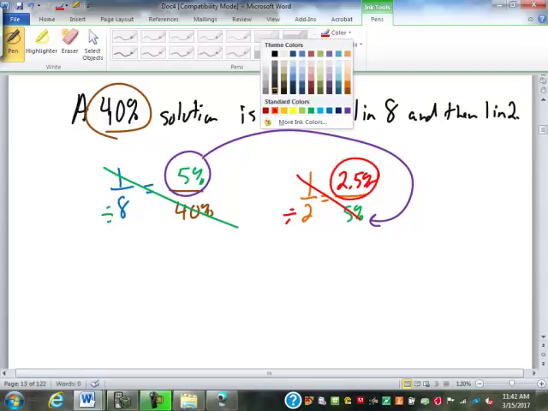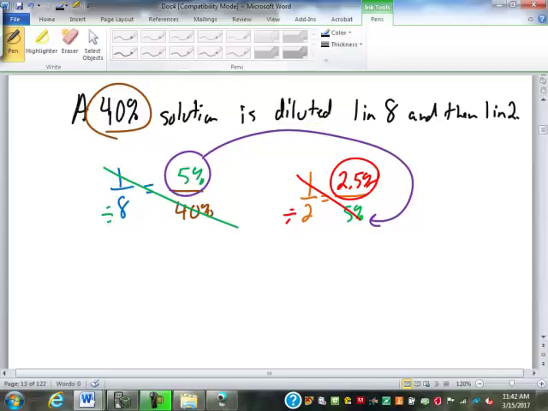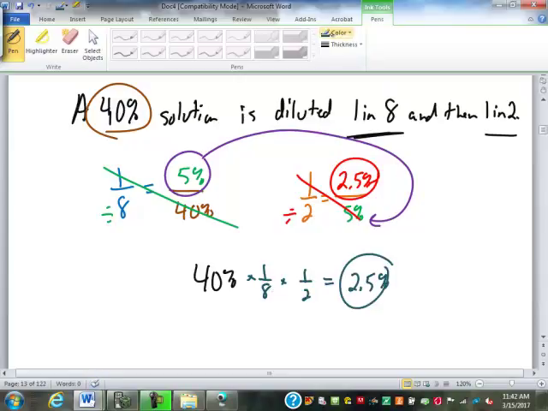And now again, the shortcut, now that we've done it the long way for a day, is we could take that original 40% and we could just multiply by both of the dilution fractions. So we could multiply by 1/8 and times 1/2. 40 times 1/8 times 1/2 is 2.5. So 2.5%.